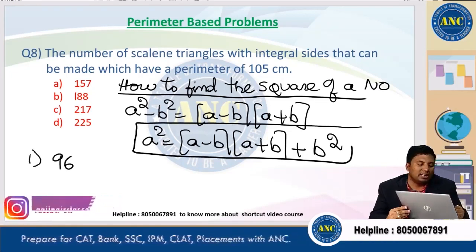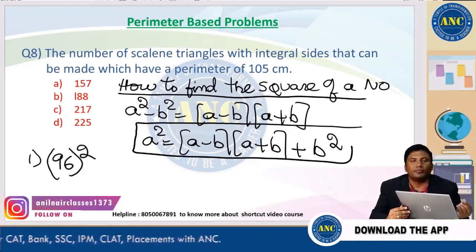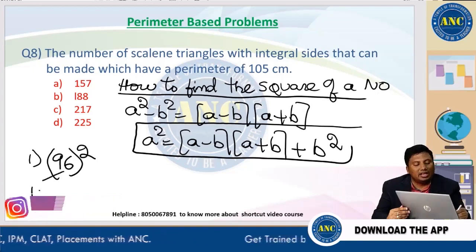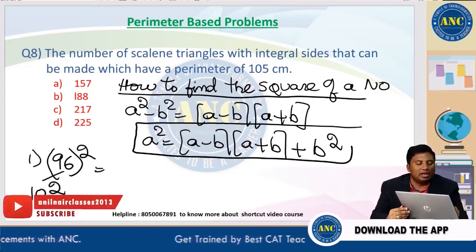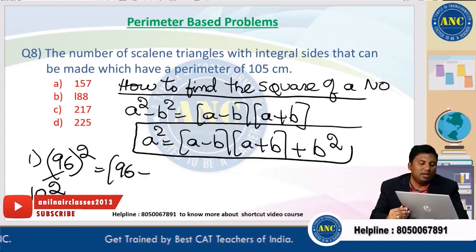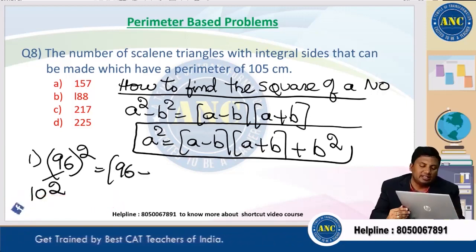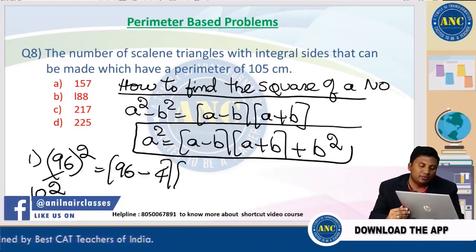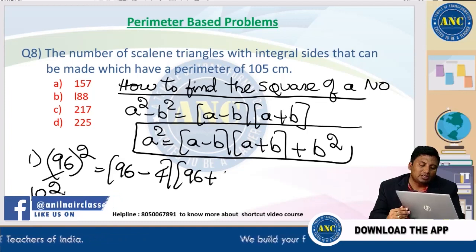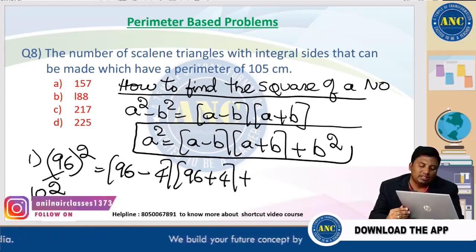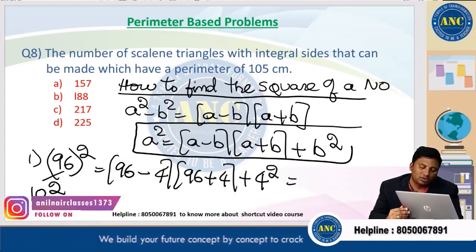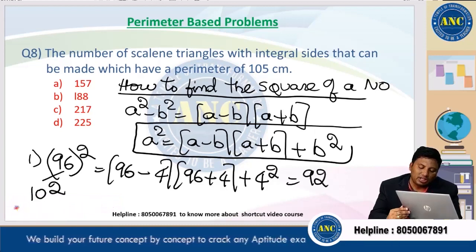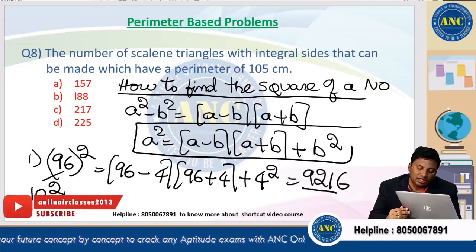Suppose it is 96 square, 96 is nearer to 100. A is 96. B is the difference between 96 and 100, which is 4. 96 minus 4 into 96 plus 4, plus 16, which is 92 into 100 plus 16.